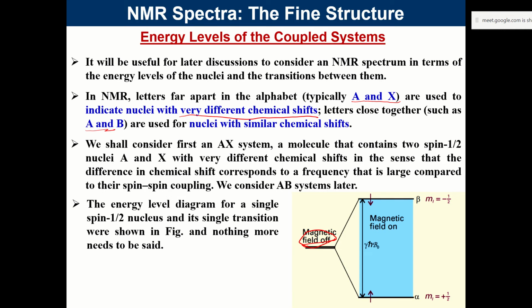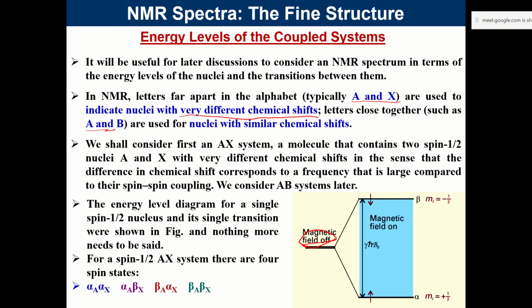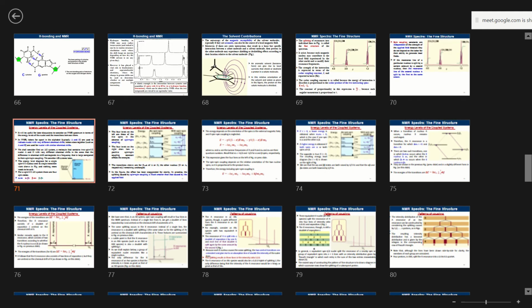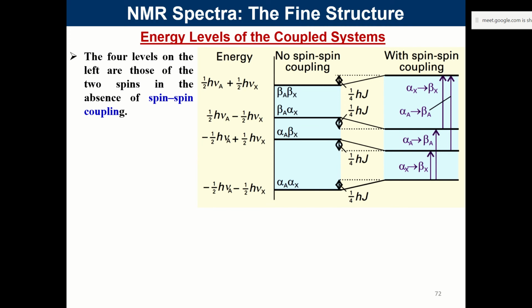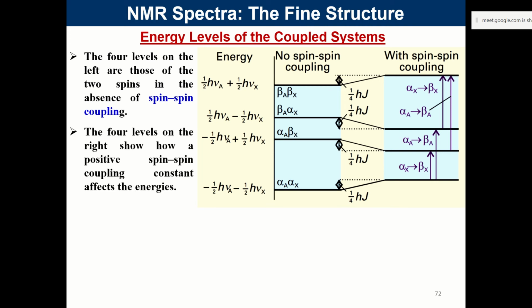But when we have two such systems, A and X, then depending on the orientation of each spin, both can be up spin, alpha A alpha X, or one up and another down, where X is down spin, minus half, alpha A beta X. So these are the four different combinations, and the possible transitions can be correlated in the spin universe. We did this in the last class already, so I'm not going to discuss it again.